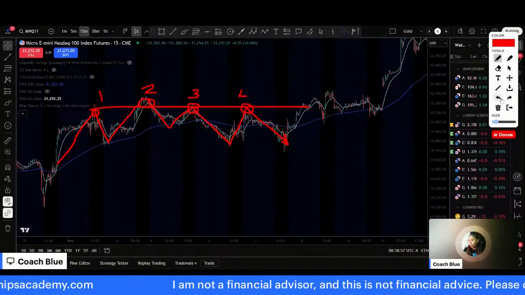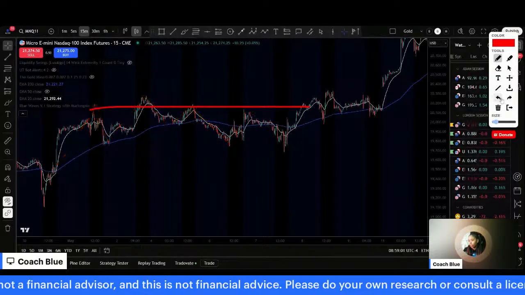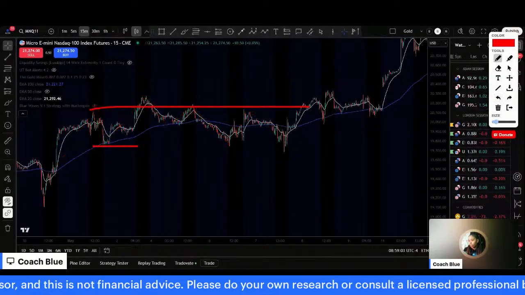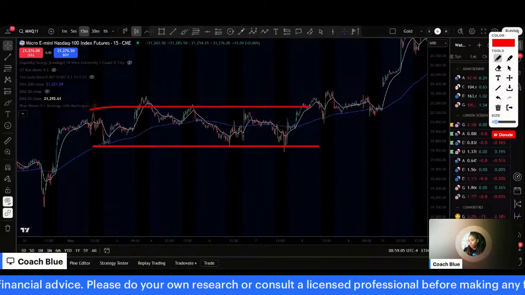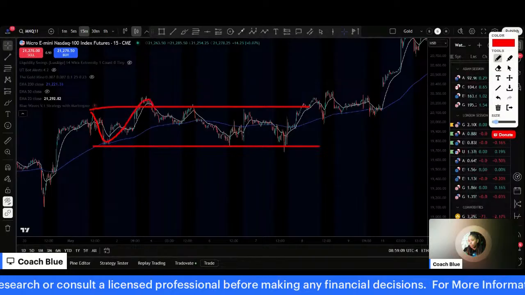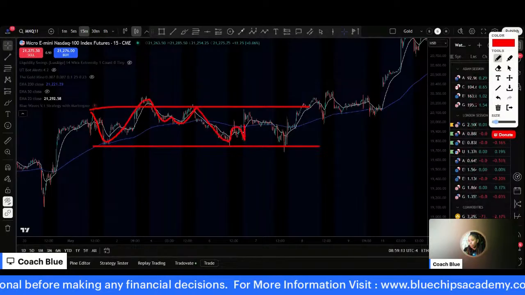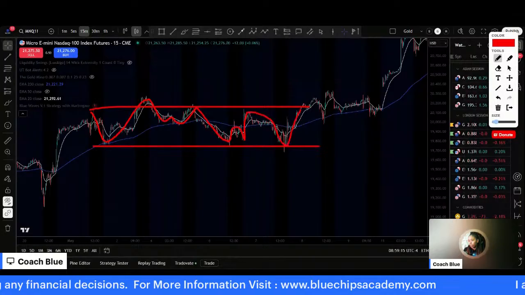So when you tie all of this together, we have our ceiling, we just went over our floor. What we are looking at is a range where price is just ranging in between this area right here.